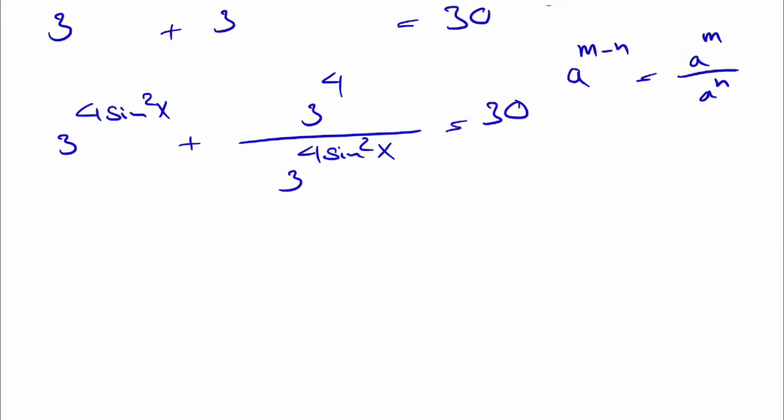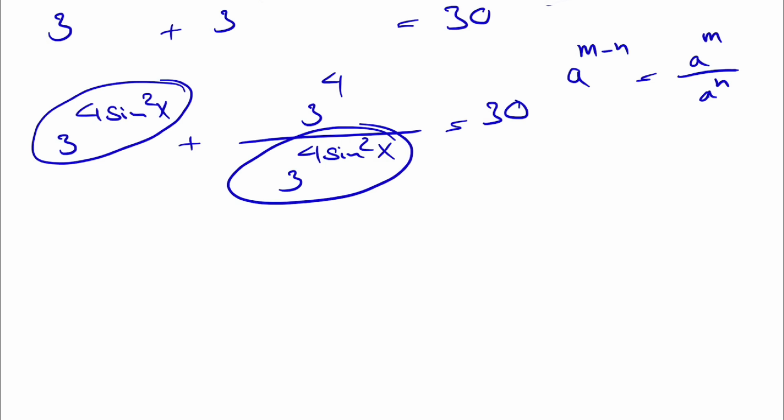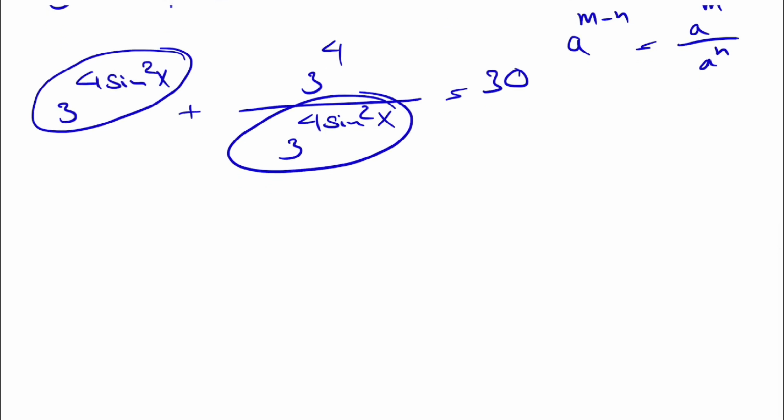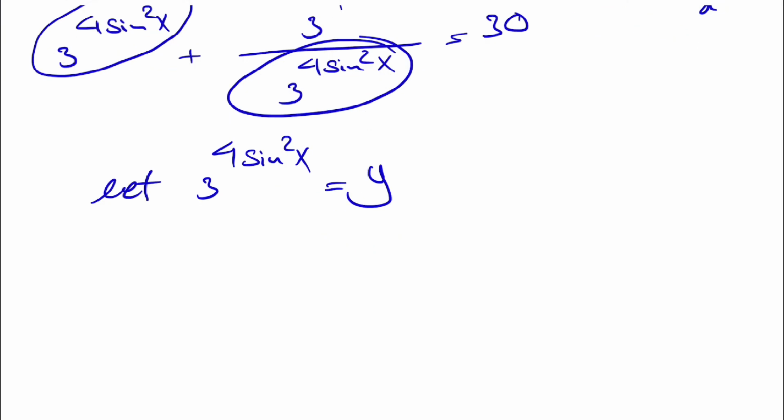What we did so far is that we managed to write this equation based on the same expression here, where we can let that be our y. So we let 3 to the power of 4 sine squared of x be y, and we're going to have a simpler equation: y plus 3 to the 4 over y is equal to 30.